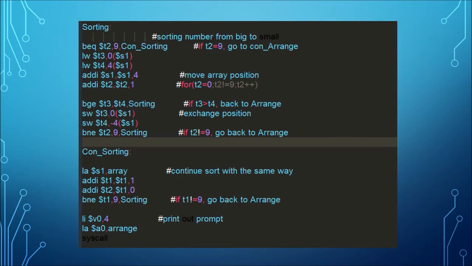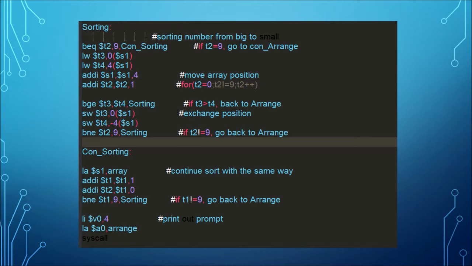Okay, move to the sorting. To sort numbers from big to small: if t2 equals 9, go to con sorting. So branch equal $t2 9 con sorting.